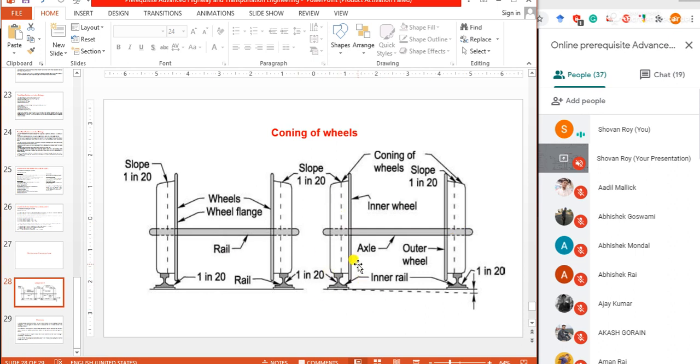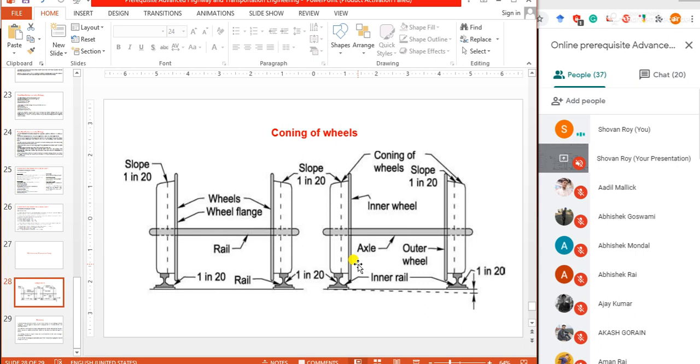The problem, however, arises in the case of a curve, when the outer wheel has to negotiate more distance on the curve as compared to the inner wheel.